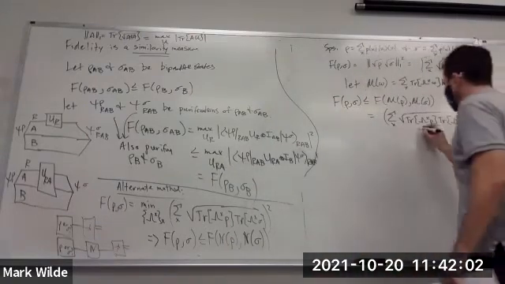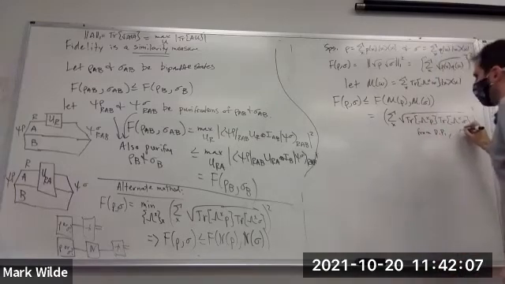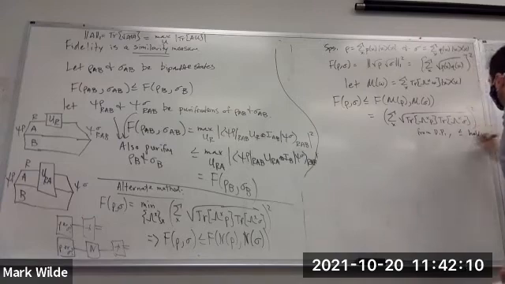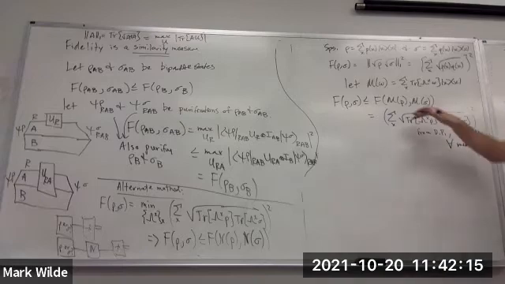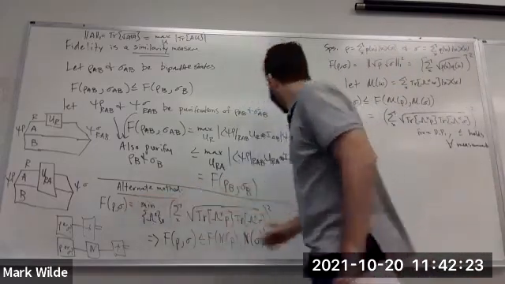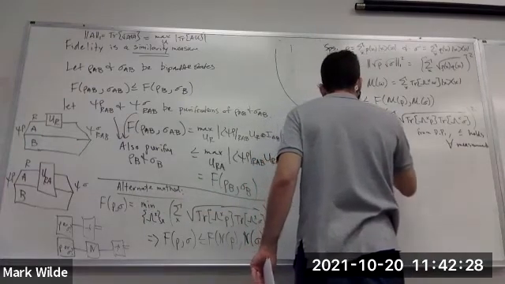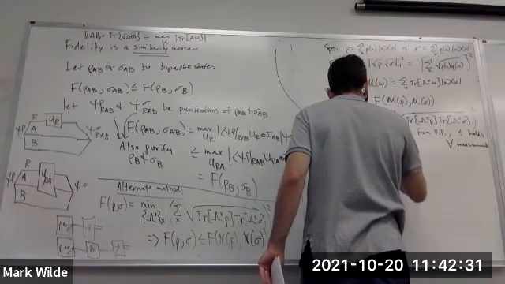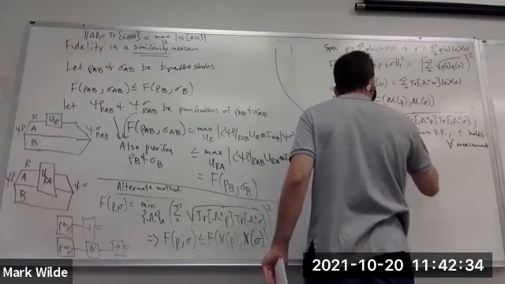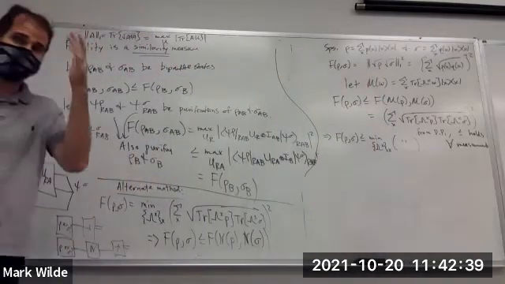So, from data processing, the inequality holds for all measurements. So since it holds for all measurements, we can minimize the classical fidelity over all measurements, and we get this inequality. So this implies that whole expression. All right, so we proved the inequality.